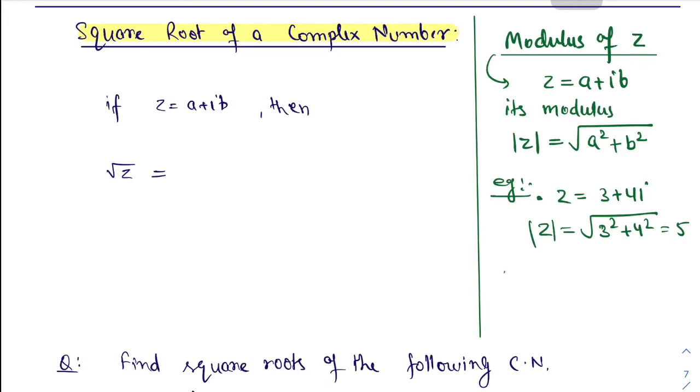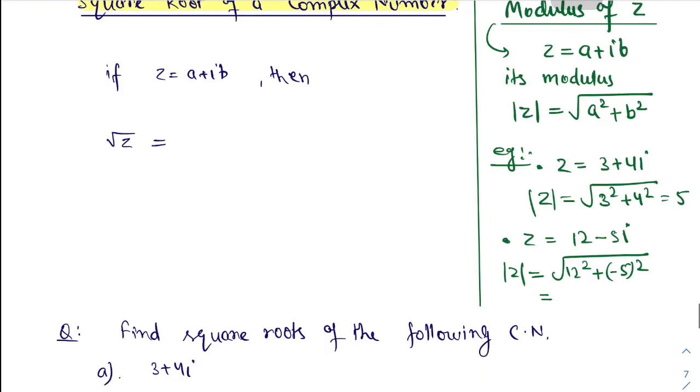If z is equal to say 12 minus 5 iota, then mod z will be root over 12 square plus minus 5 square, it will be 144 plus 25, 169, root over 169 will be 13. So this only thing is called modulus.